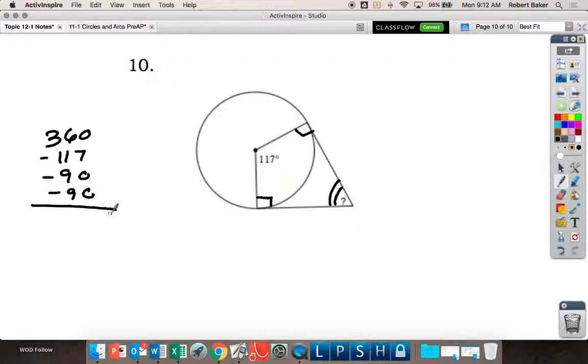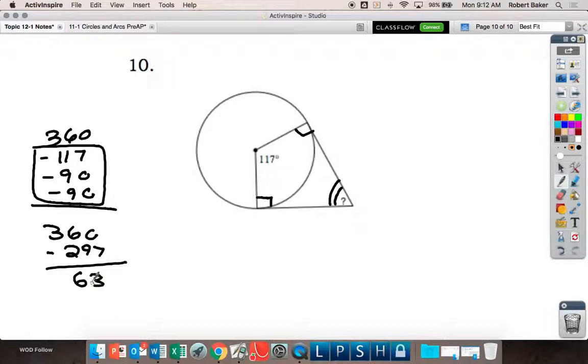Most of you guys will add all of these together and then subtract them. 63 degrees, which can also be found by taking this number and subtracting that from 180.